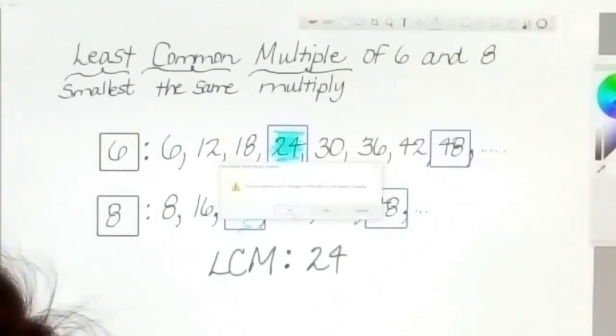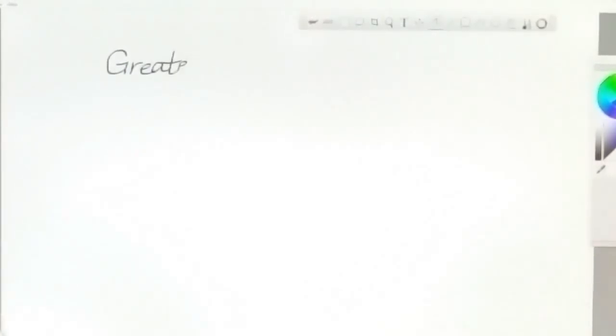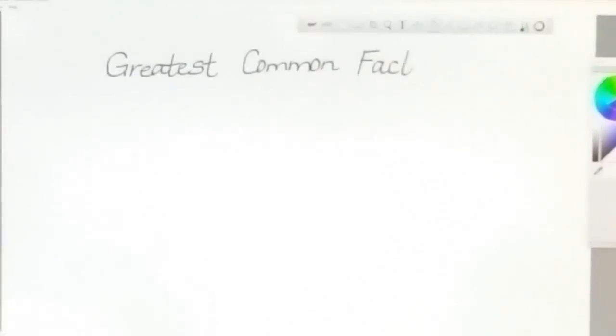Let me do a greatest common factor for you. Again, if you think about what the words say, greatest, biggest, common, the same, and factors are numbers that are multiplied to make a composite number.